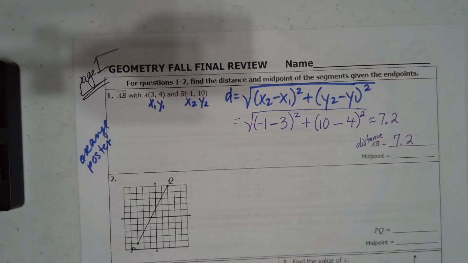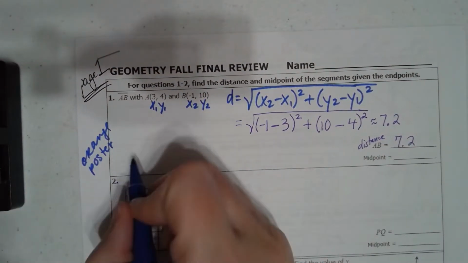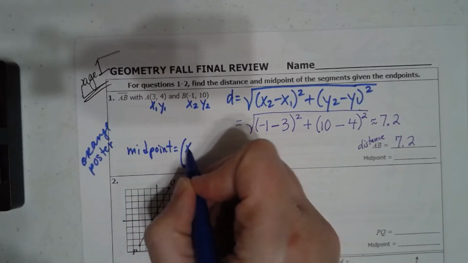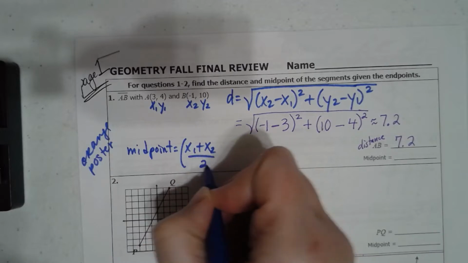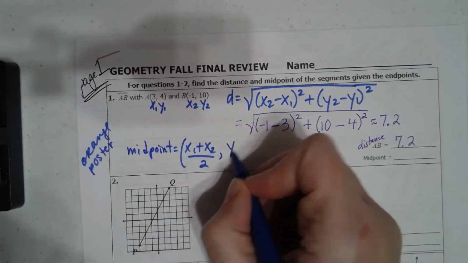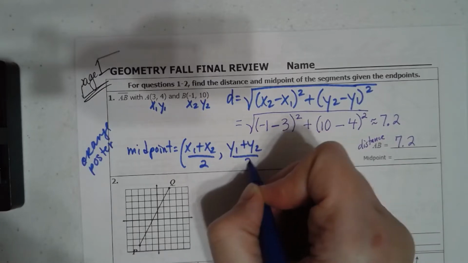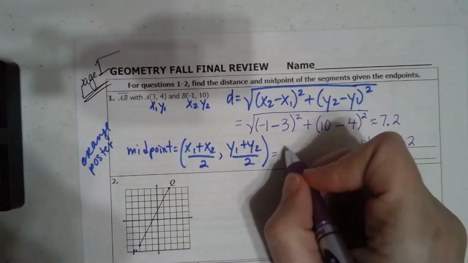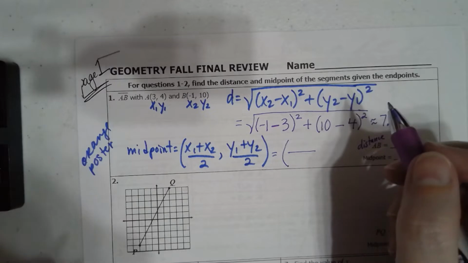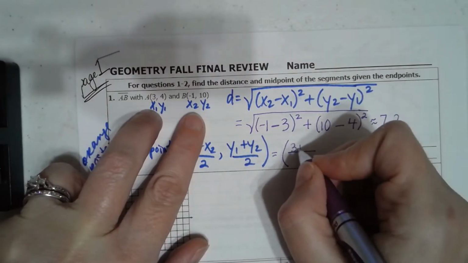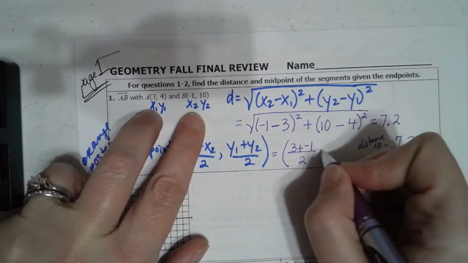Then it also asks for the midpoint. So the midpoint formula is x1 plus x2 cut in half, like the average, how far halfway between x1 and x2, and the same with the y values, y1 plus y2 divided by 2. So x1 and x2 are right here, so we have a 3 plus a -1, and we cut that in half.